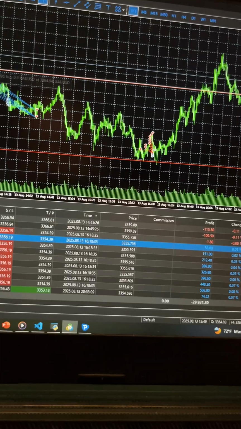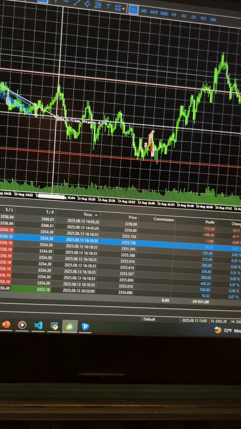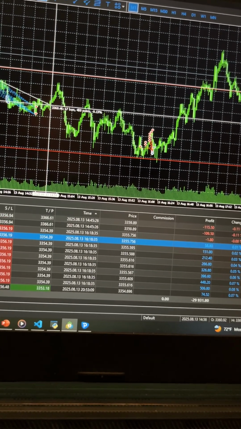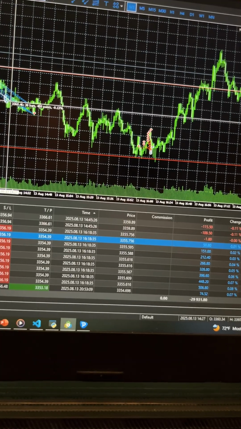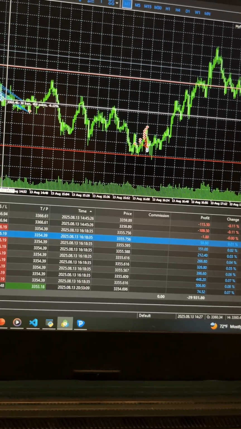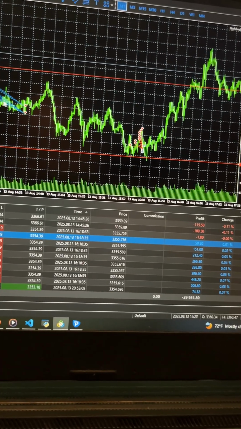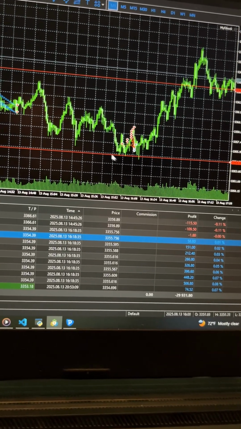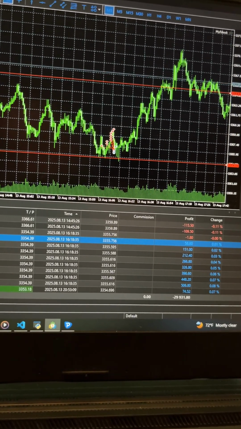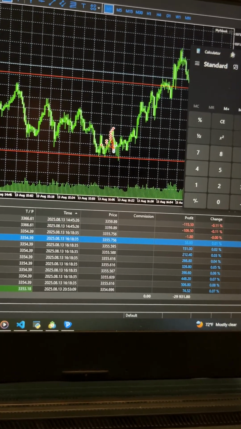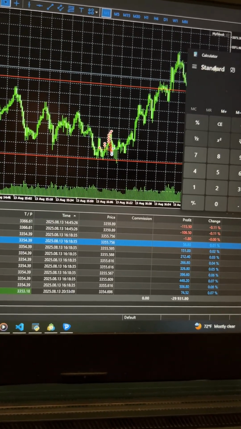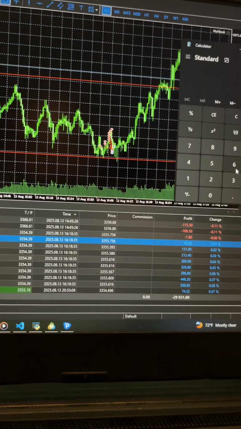The gap from the initial entry to the last layer is around 40, 45, 44, 42. After I increase my pip step to 3, the highest layer would give us a gap of about 60, I guess.